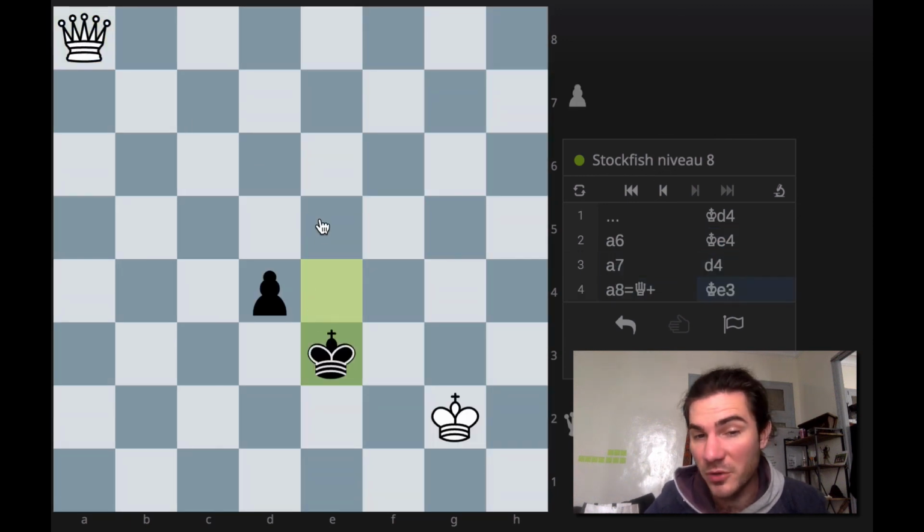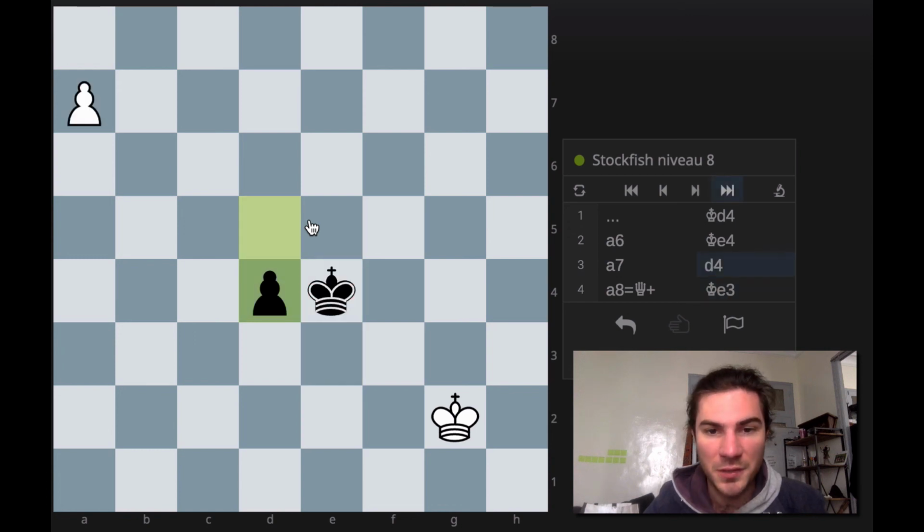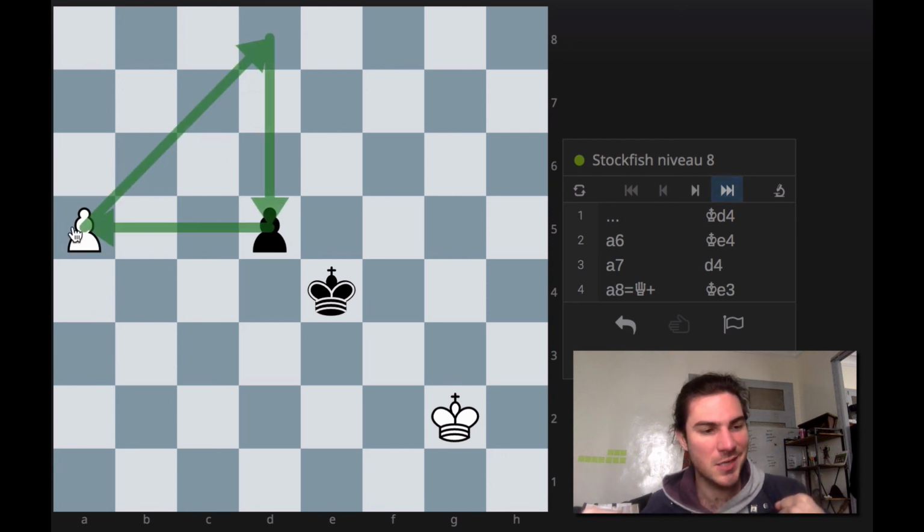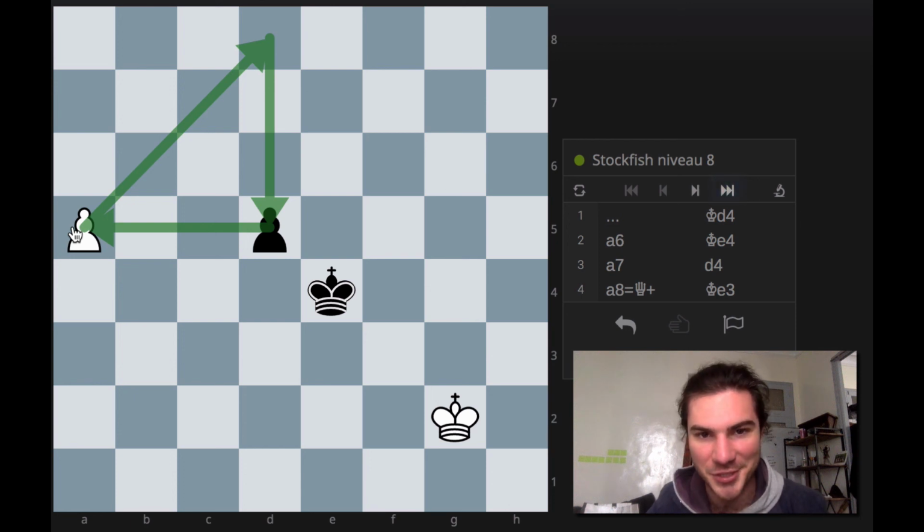He's even going to let me promote with check. So no matter how hard Black tries, no matter what first or second move by Black in this position, the pawn can always promote because the king is just not close enough to the pawn.